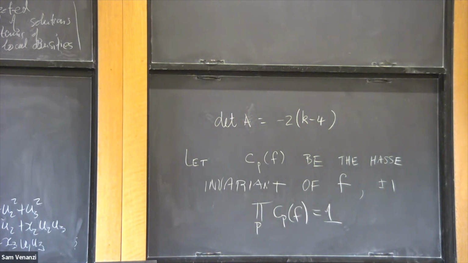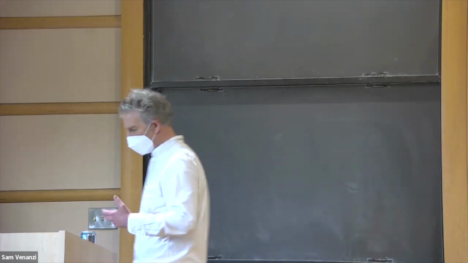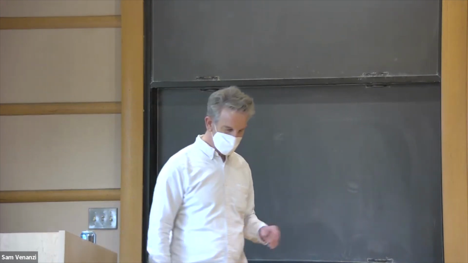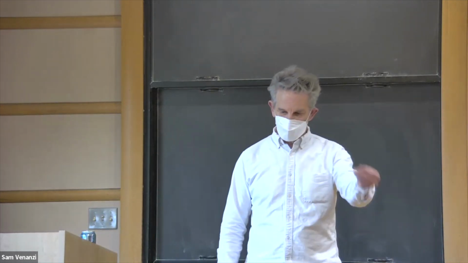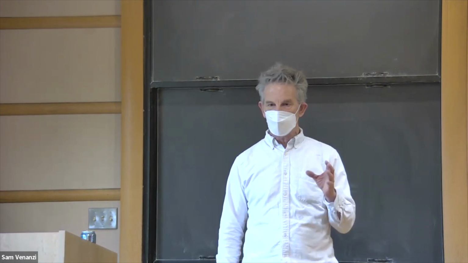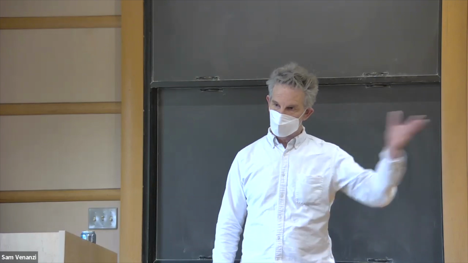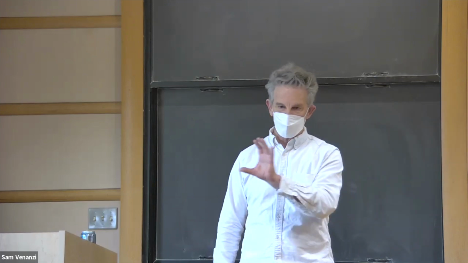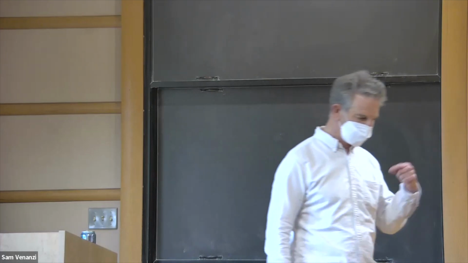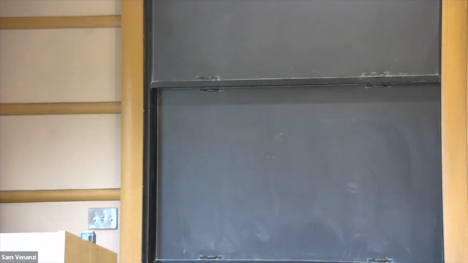So if you have an integral or a rational quadratic form and you write down its Hasse invariants and you multiply them together, you get 1. And this, of course, is what Hasse was answering. Suppose I give you an integral rational quadratic form and I want to know, can I realize the thing locally at all places?